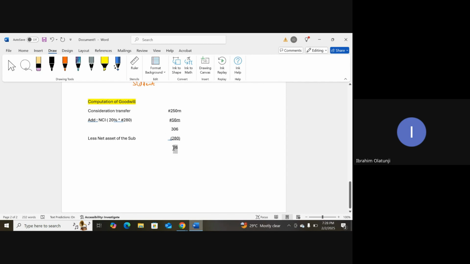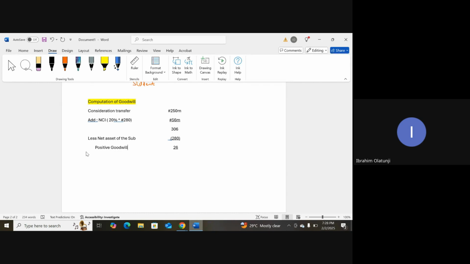If you look at this 26 million, is it positive or negative? Positive, we call it positive goodwill.